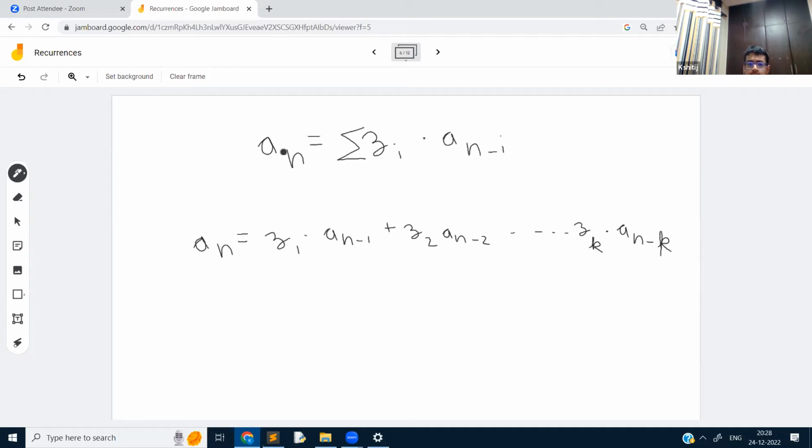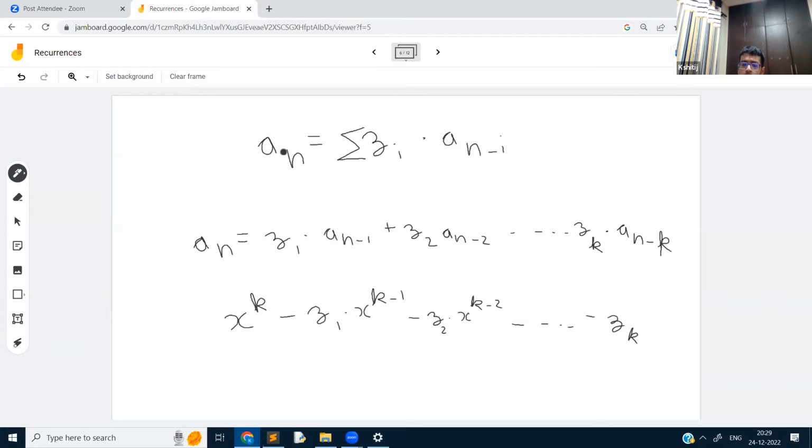Now I will define a characteristic equation for this. A characteristic equation for a recurrence of this form will be x to the power k minus z1 into x to the power k minus 1 minus z2 x to the power k minus 2 and so on, minus zk.